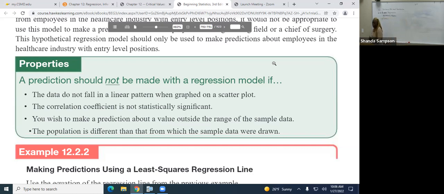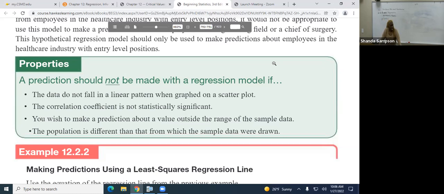You also can't make a prediction about a value outside of the range of the sample data. I'll tell you about that in a minute, okay? And last but not least, the population is different from which the sample data was drawn. You won't come across that in this class, where you took data from some other population and now you're trying to make a judgment.